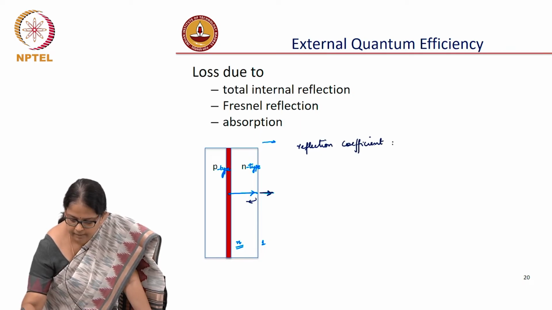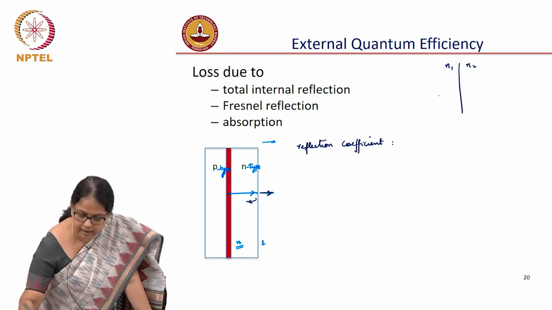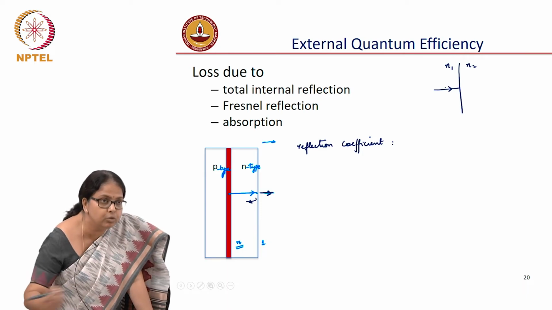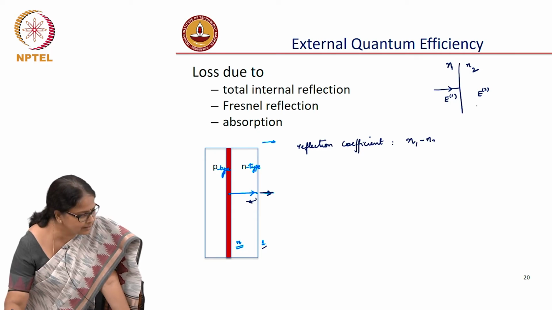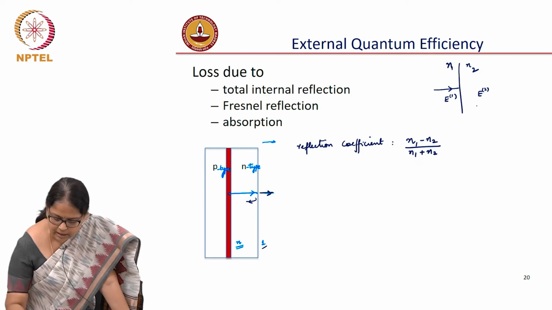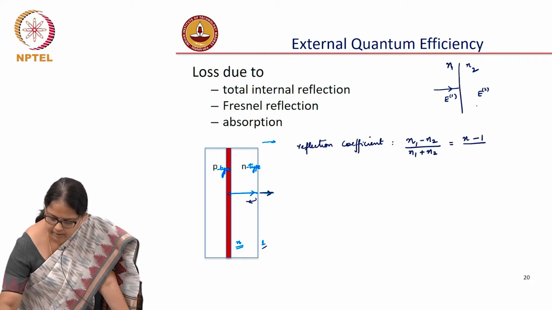if you have a medium whose refractive index is n1 and another medium with refractive index n2, and you have a wave hitting from n1 to n2, the reflection coefficient is given by (n1 minus n2) by (n1 plus n2), and in our case it is (n minus 1) divided by (n plus 1).